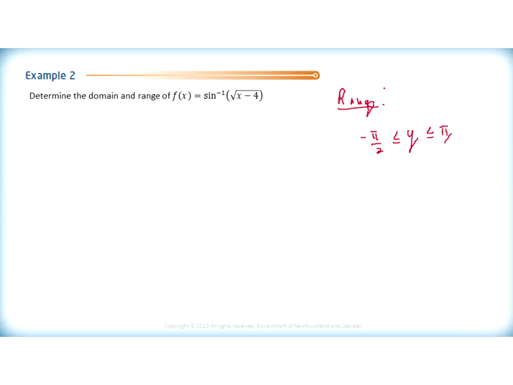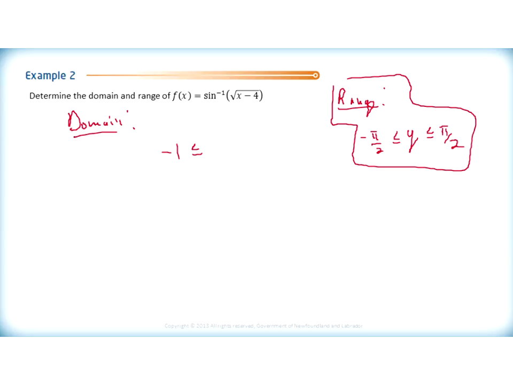You can write these things in more proper notation, but for now we're just figuring it all out. And then if we look at the domain of this particular function, we've got to be bounded between negative 1, square root of x minus 4, and less than or equal to 1. And so to solve for x here, I'm going to have to square both sides.